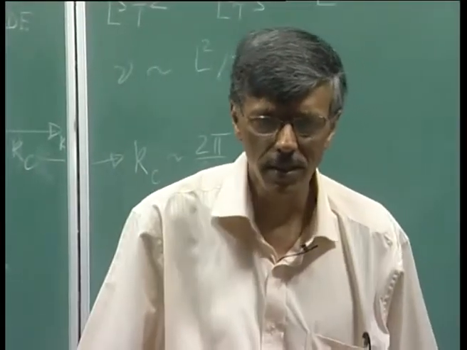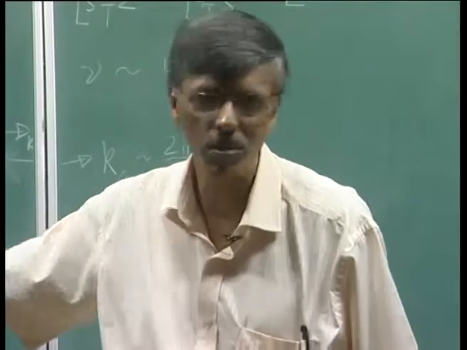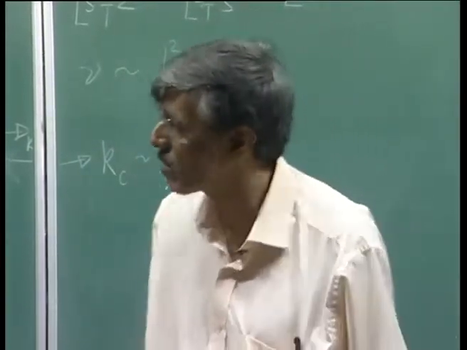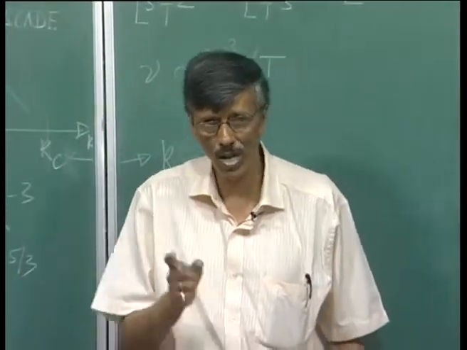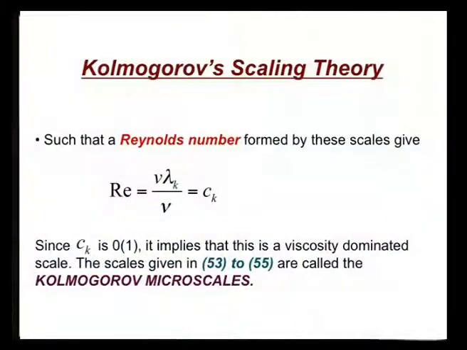This is where you can go at the most. Given a flow field, given the flow property, you can go up to maximum the Kolmogorov microscales. And one of the properties of turbulent flows that we discussed, remember, we said that this microscale, compared to molecular dimension, is significantly larger.